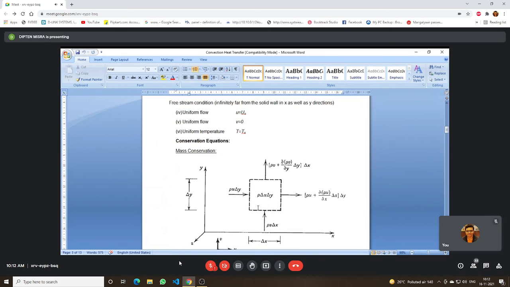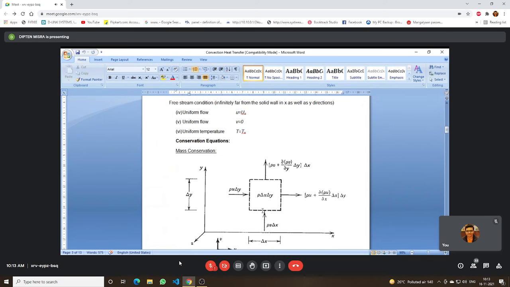Now, through this face, the mass that is entering is given by rho into v. Rho into v is what? Any idea? Okay, we'll come across that thing. The volume that is entering through this face is given by the velocity component normal to this face, that is V, and the area is given by delta x into 1.